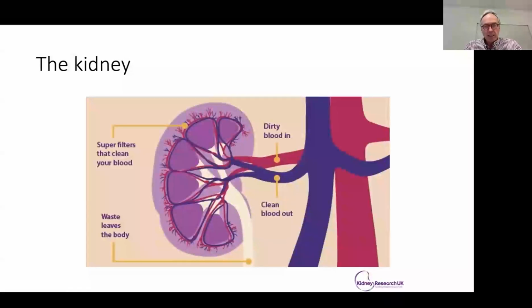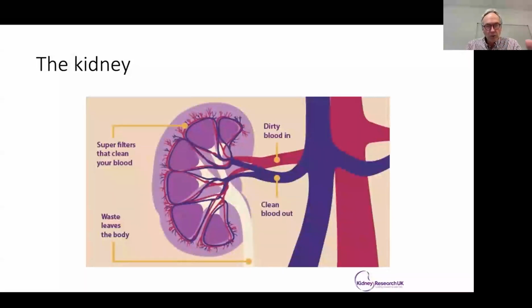This is a slide that I have downloaded from Kidney Research UK, which is a charity that promotes kidney research in the UK, but it also provides information material for patients. And this is a slide that is meant for patients to explain kidney function.